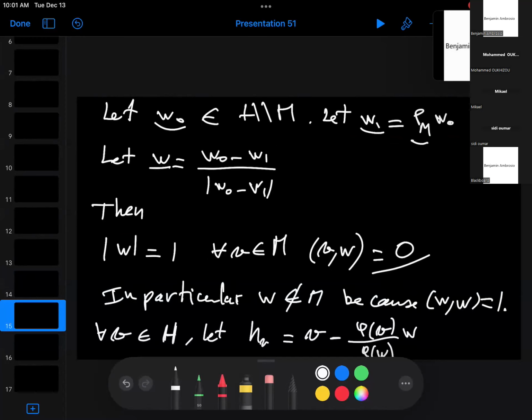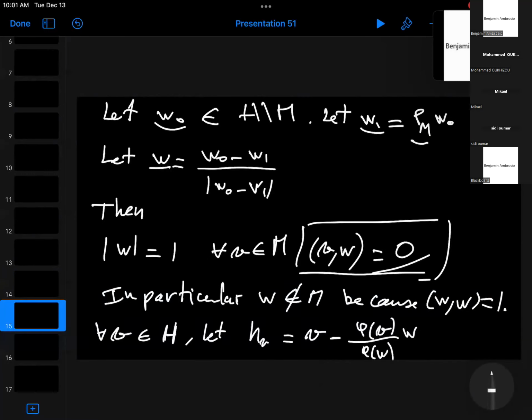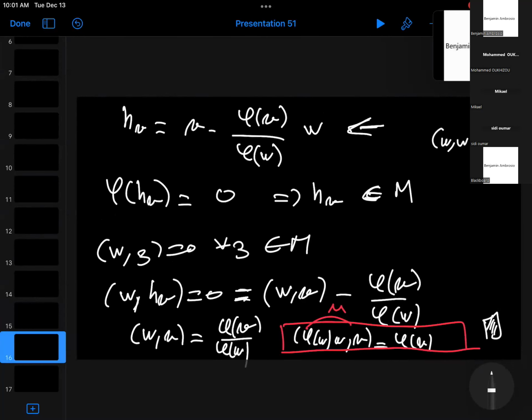So this will have a norm of 1. Okay, so by definition of the projection, you have this. All right, and now if you consider these things for all V, when you apply phi, you have 0. So this means that HV belongs to M, and so you can take the scalar product of W and HV. This is 0, and this allows you to find our U.